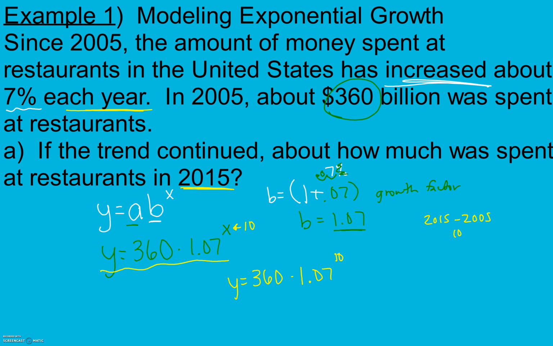Remember, that's an exponent here, guys. And I'm going to get approximately 708, and that's in billions of dollars. Approximately $708 billion was spent at restaurants in the United States in 2015, according to this pattern.